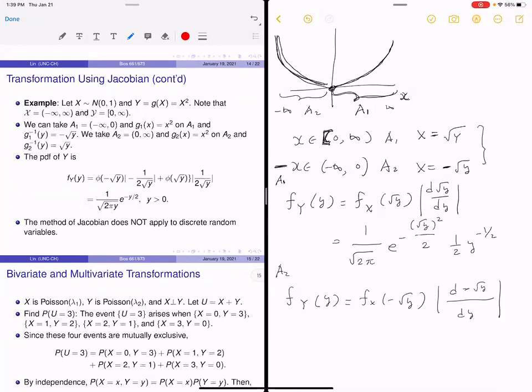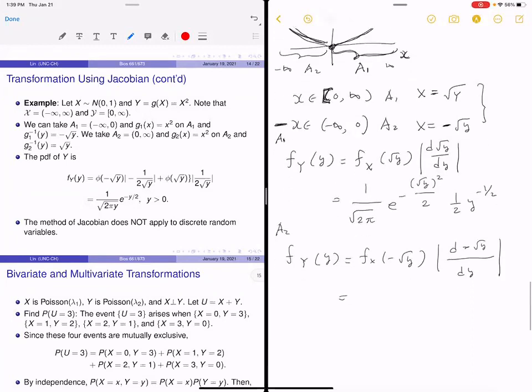I think it will be fine. You plug in, and then again it's this guy right here. You will find out that even though you have minus square root, after taking the square they are basically the same. Then I can write right here.